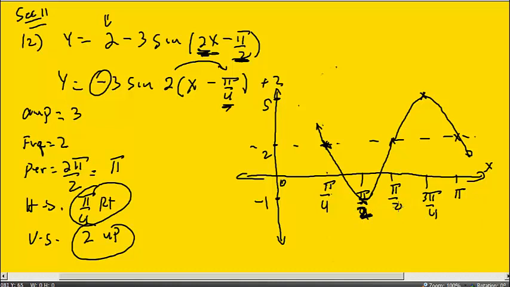And when I add pi over 4 to pi over 2, it will be 3 pi over 4. And when I add pi over 4 to 3 pi over 4, it'll just be pi. And then finally, when I add pi over 4 to pi, I'm going to get 5 pi over 4. And it's done.